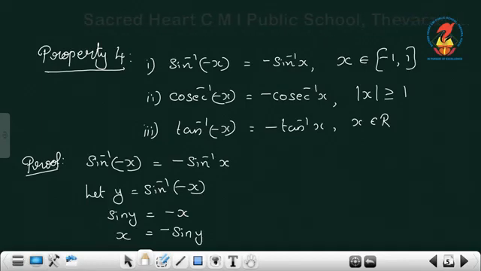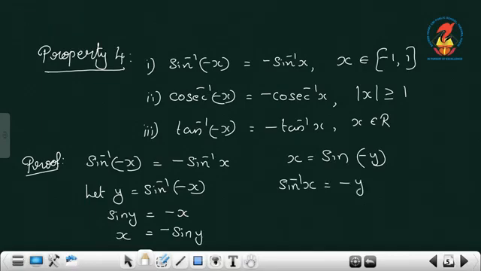That minus we can write inside, x is equal to sin of minus y. Sin minus theta is equal to minus sin theta. Then we take inverse here, sin inverse x is equal to minus y. Okay. Or minus sin inverse x is equal to y. What is y? Y is equal to sin inverse of minus x.